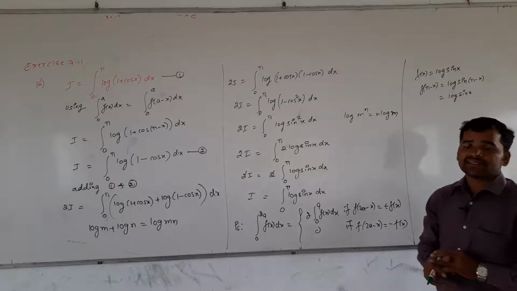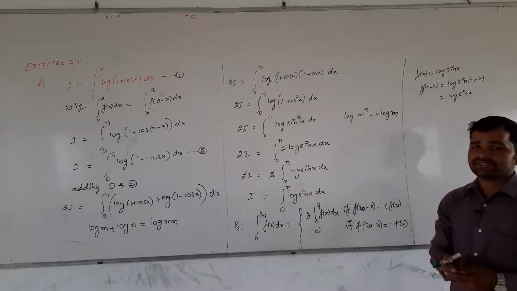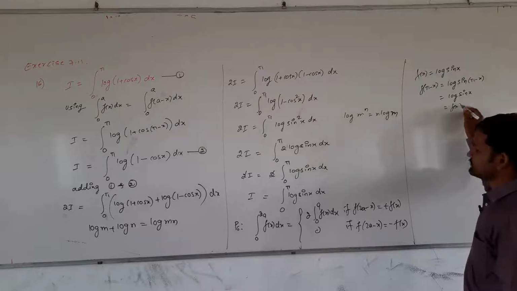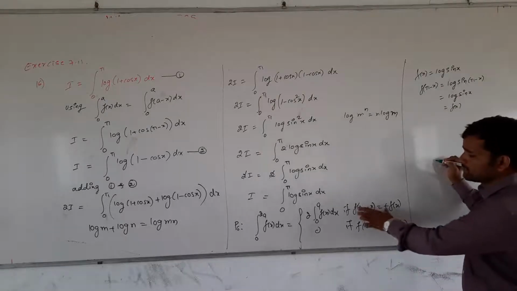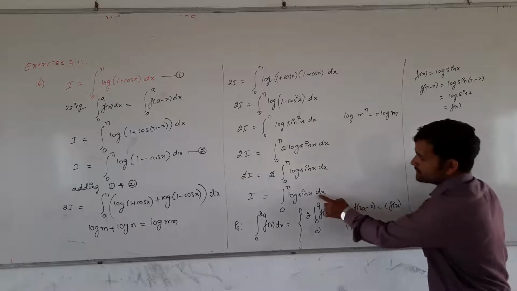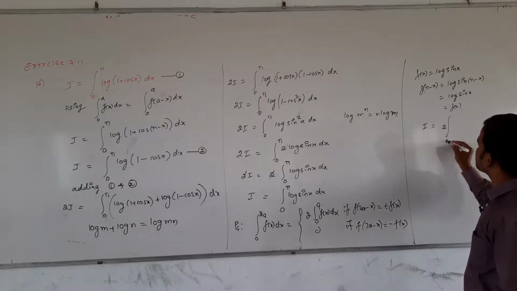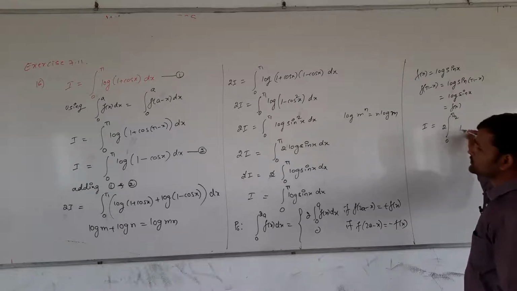Sin of 180 degrees minus x, second quadrant it will be sin only, sin x. Log sin x means f of x. Which one is valid here? First case is valid. Means we will write the integral I is equal to 2 times integrating from 0 to pi by 2 log of sin x into dx.